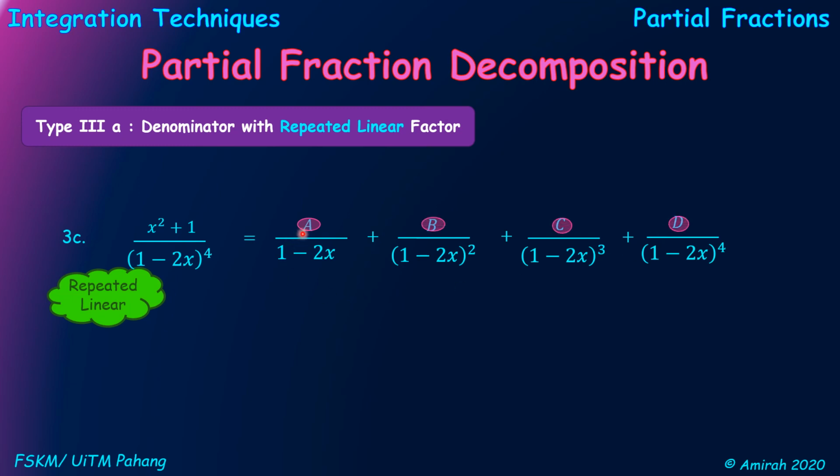We have constant A, B, C, and D, because when we expand the denominator from the original fraction, we get degree 4. That's why we have 4 constants here, A, B, C, and D.